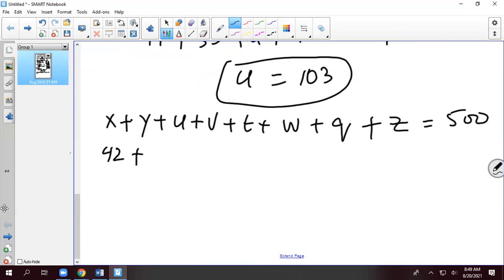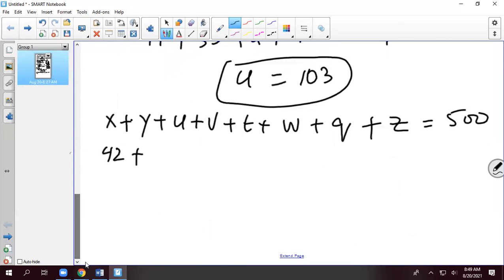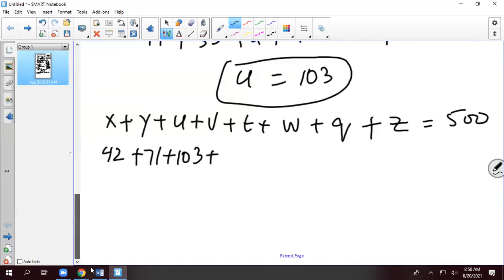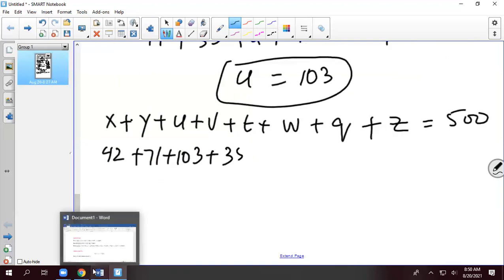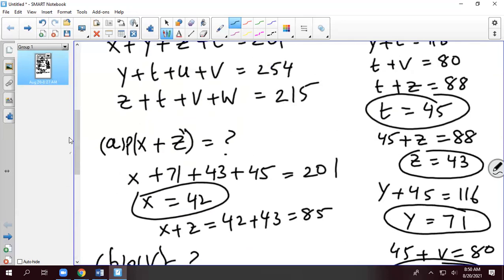Y, let's see if we know Y. Y is 71. U is 103. V, I think, was 35 here. T was the first thing we found out, that was 45.